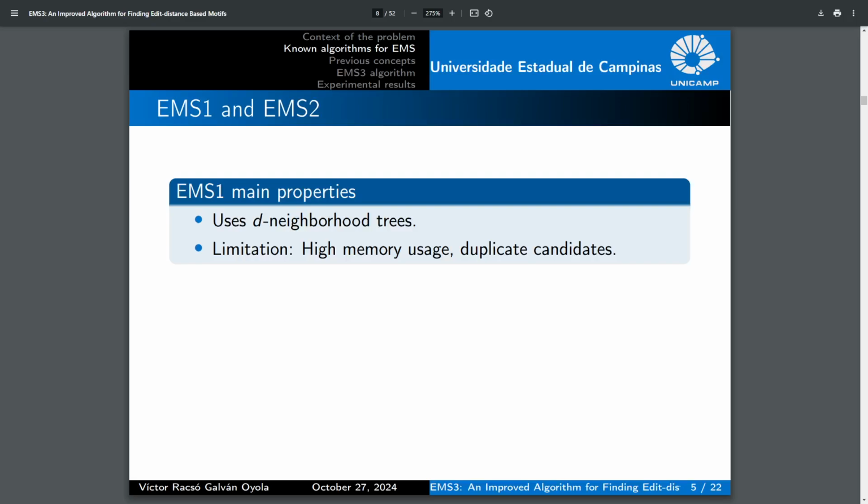Now, two algorithms were proposed before this algorithm EMS3, which are the EMS1 that uses the neighborhood trees. However, it uses a lot of memory and also generates many duplicate candidates. It was proposed in 2012.